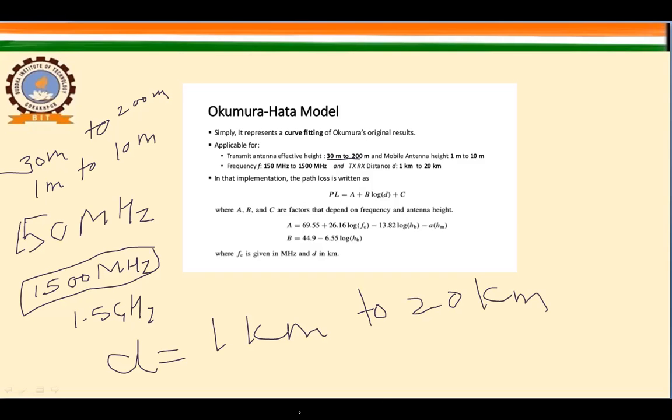So A has the equation A = 69.55 + 26.16 log fc - 13.82 log hb - a(hm). And B has the equation B = 44.9 - 6.55 log hb. Where fc, the carrier frequency, is given in megahertz, and d is calculated in kilometers.